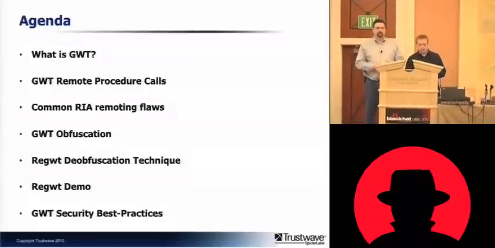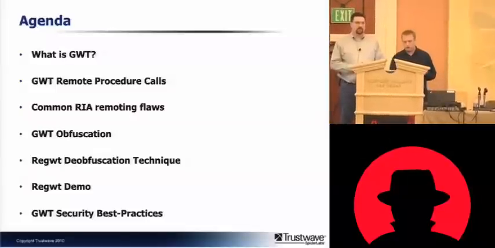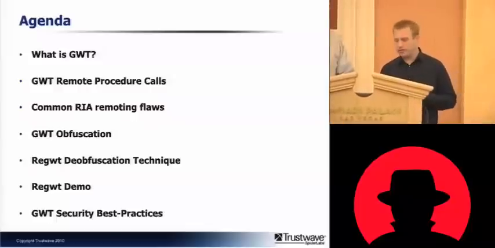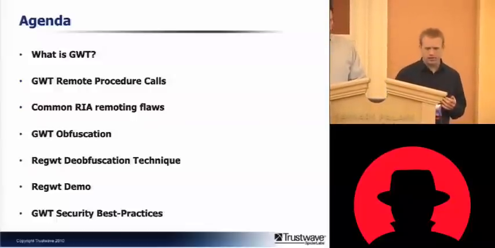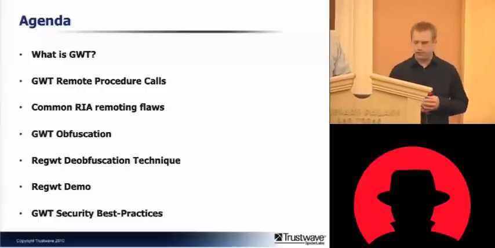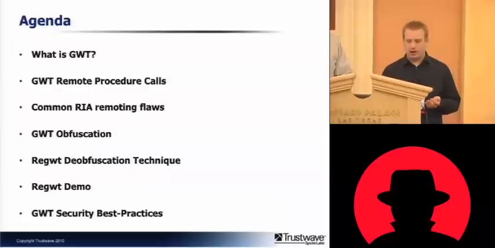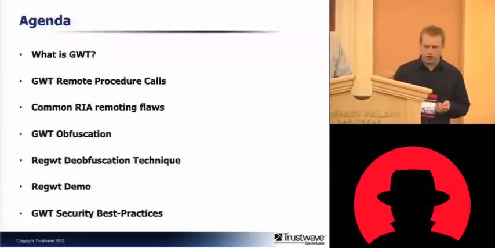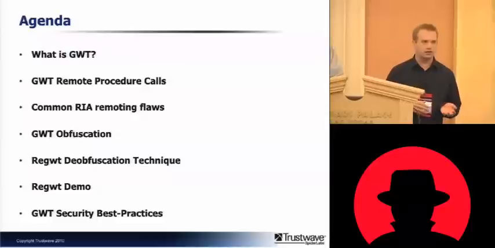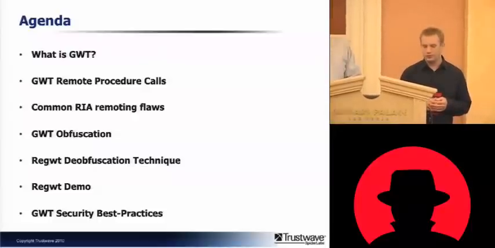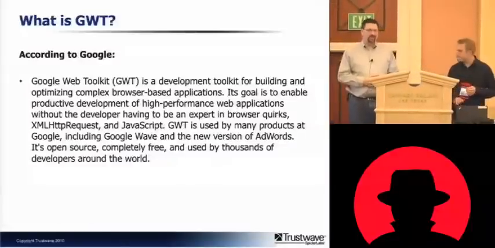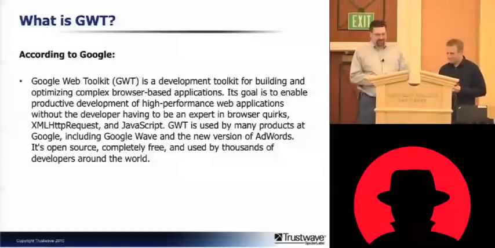We're also going to touch on the rich internet application remoting flaws and how GWT is no different. GWT code obfuscation makes pen testing difficult, as I mentioned earlier, but it's certainly not impossible. So David put a tool together that makes it a lot easier to pen test GWT applications.